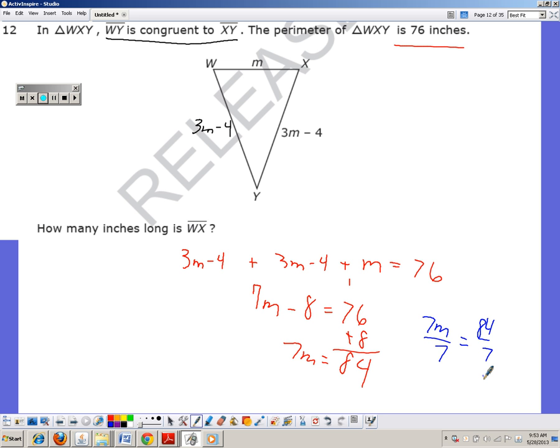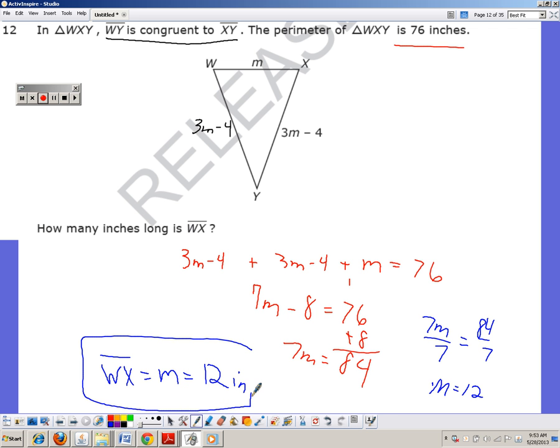And that gives us 12. M is 12. Since WX equals M, and M equals 12, we know that WX equals 12 inches.